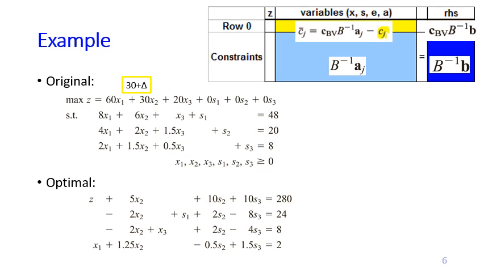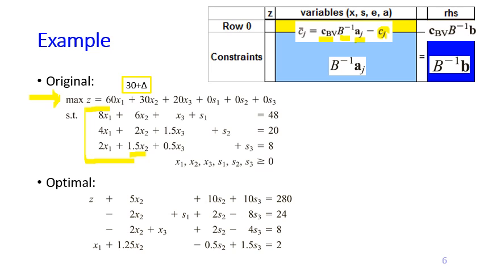And then because x2 is a non-basic variable, we are not changing CBV, and we are not changing B inverse, because what we change is in the objective function row. Remember that B inverse is related to the constraints. So we don't change CBV because x2 is not a BV. We don't change B inverse.